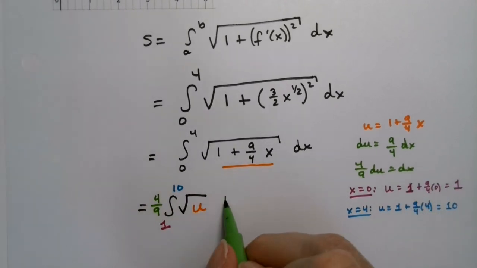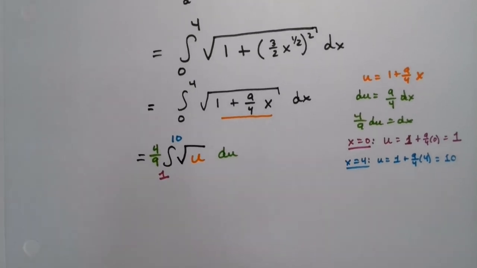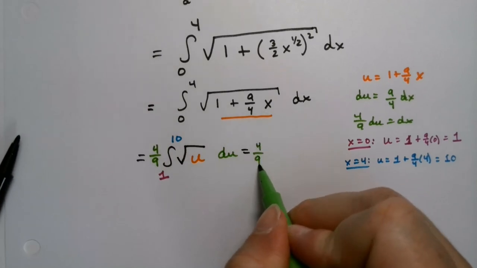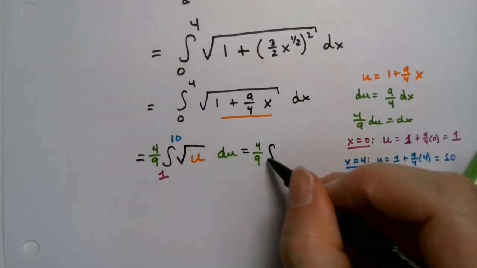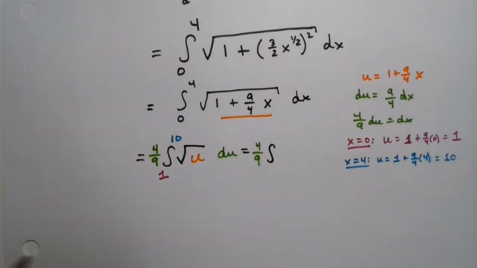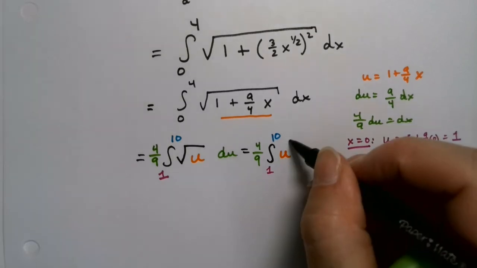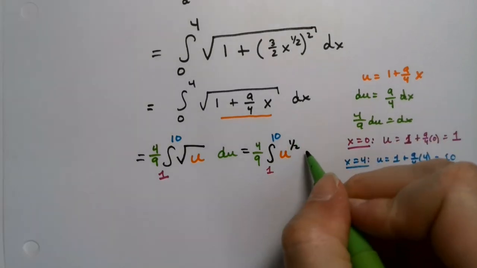And then du, which is a much easier problem, right? Similarly, this is equal to 4/9. Of course, as per usual, we don't actually want the square root part. So we really want u to the 1 half. That's much more practical because we have a power rule. We don't have a square root rule other than the power rule.